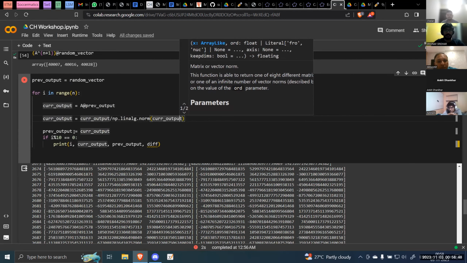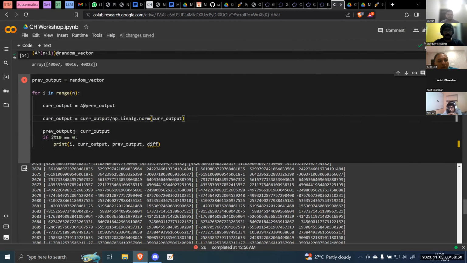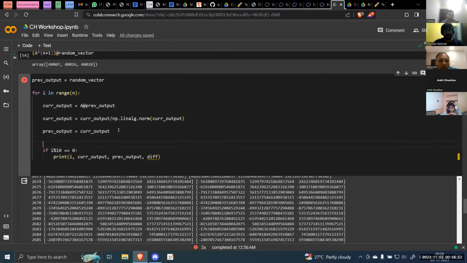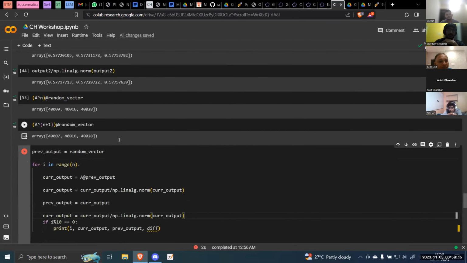So okay, one thing here is you're taking the norm of the matrix, not the vector, right? Because current output is what? A times vector. If you take a matrix times a vector, what do we get? A vector. What is the shape of our vector? It's 3 cross 1.